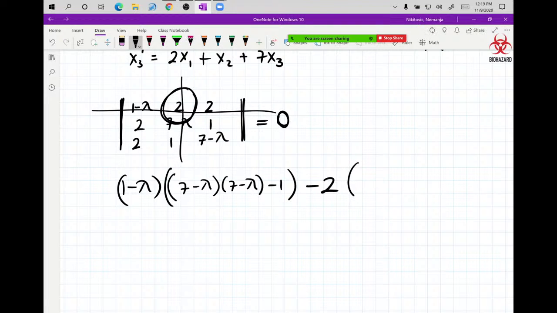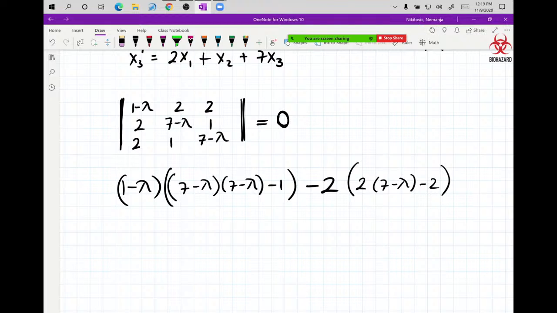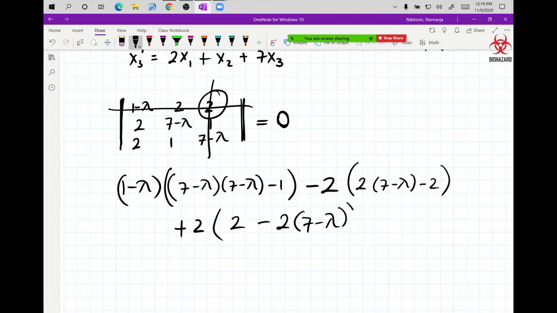So now we have 2 times 7 minus lambda minus 2. And finally, we have our third, which is +2, and that's 2 minus 2 times 7 minus lambda, equal to 0.